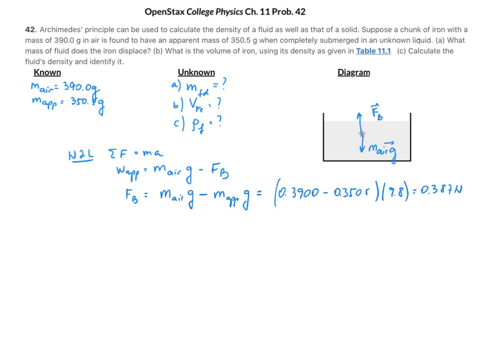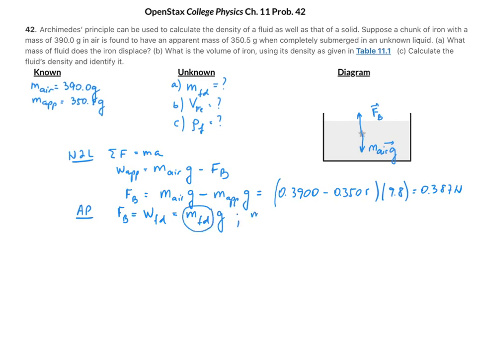Now, we can use Archimedes' principle and say that the buoyant force equals the weight of the fluid displaced. So the weight of the fluid displaced is the mass of the fluid displaced times G. And in part A, I'm looking for the mass of the fluid displaced. I'm looking for just this here.